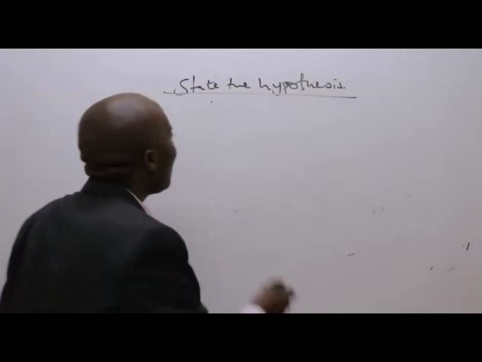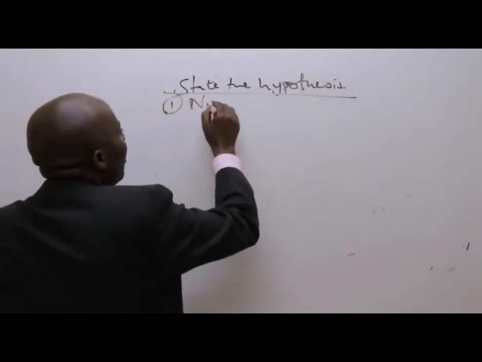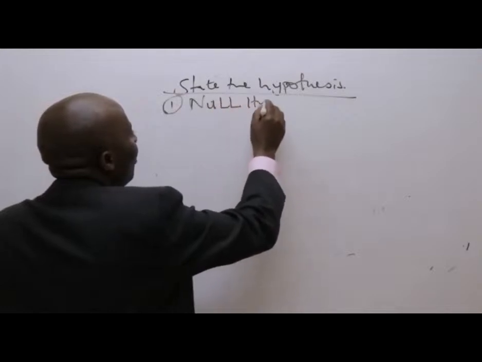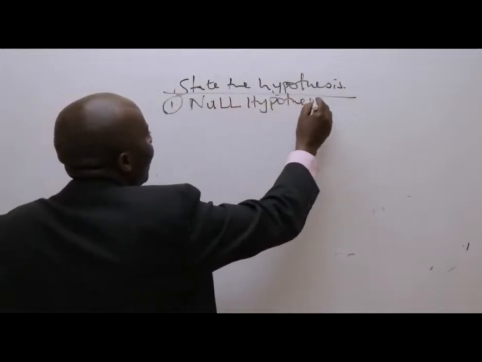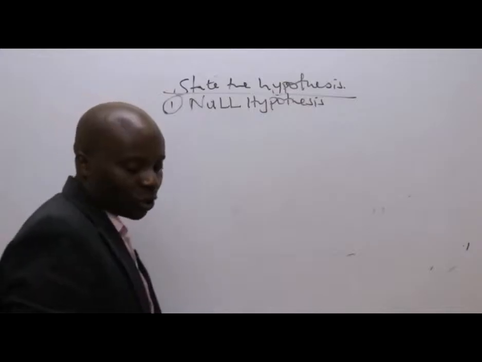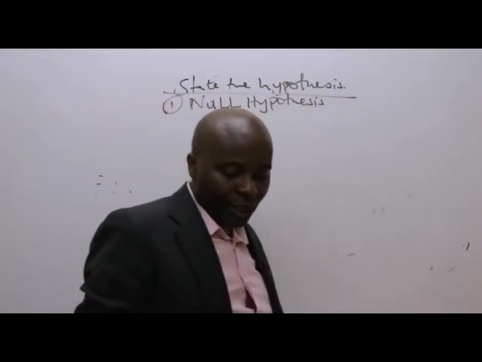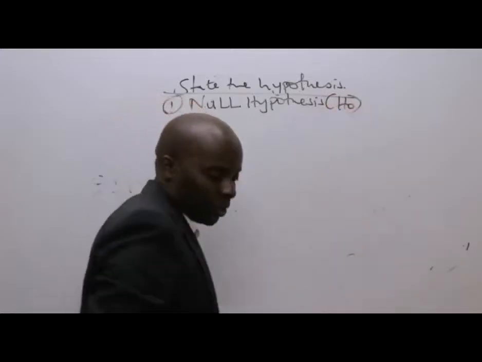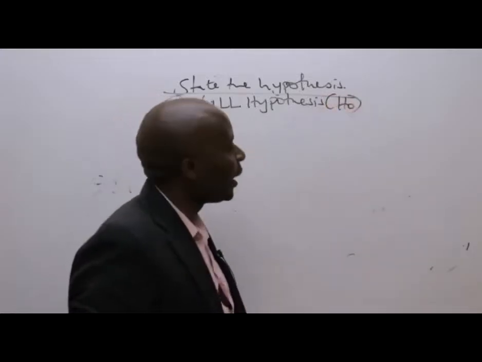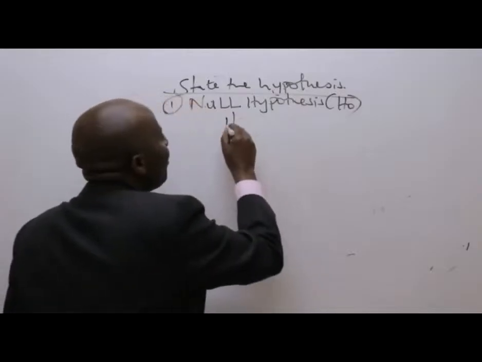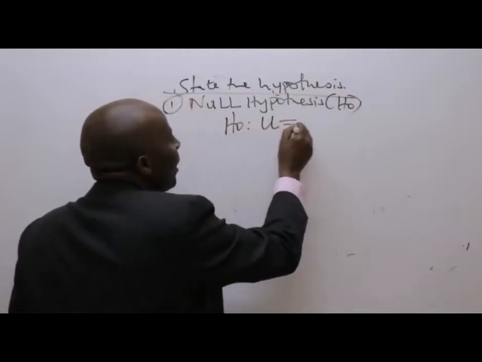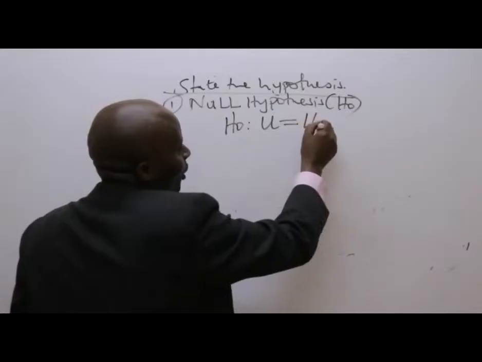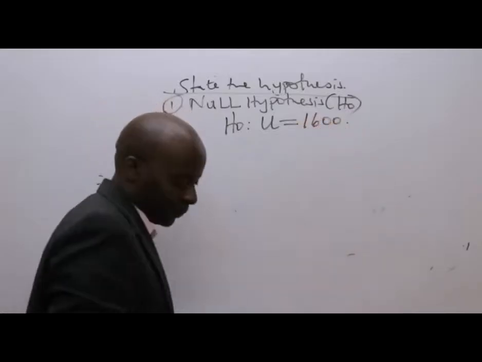The first claim being the one of the null hypothesis. My null hypothesis here, what we shall be abbreviating as H0, says that my mu will be equal to 1600.